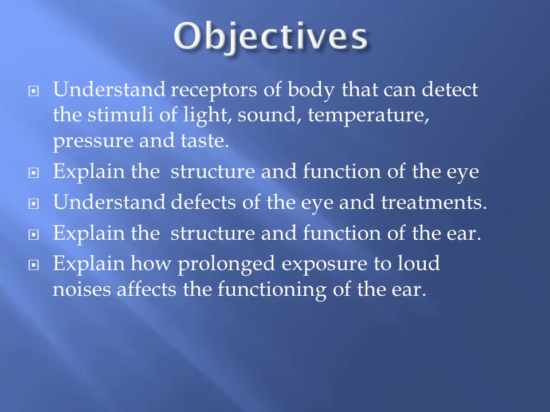Understand defects of the eye and treatments. And also explain the structure and function of the ear, and explain how prolonged exposure to loud noises affects the functioning of the ear.